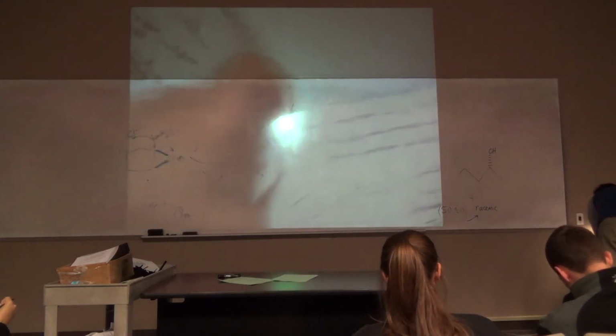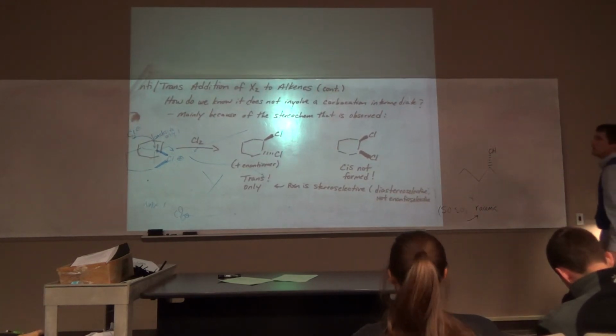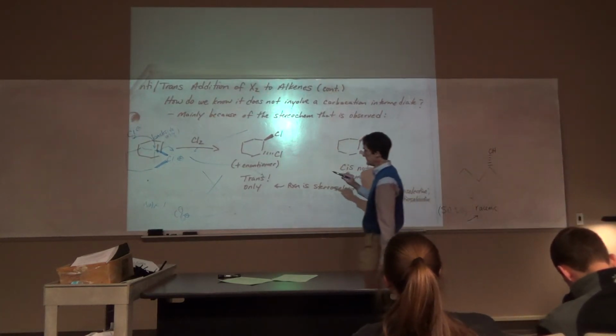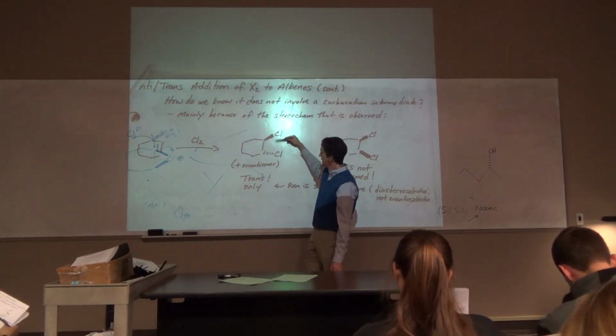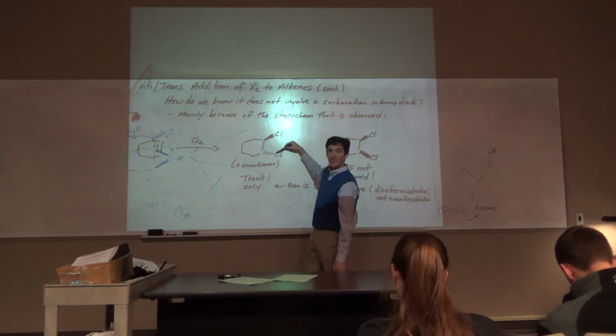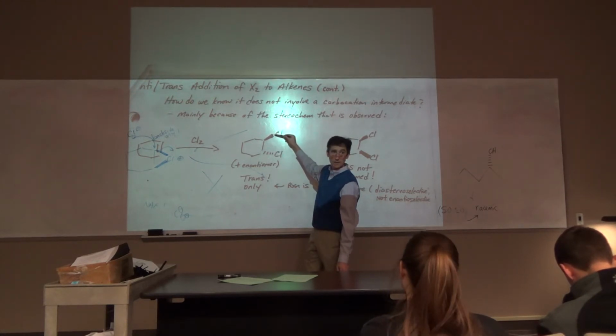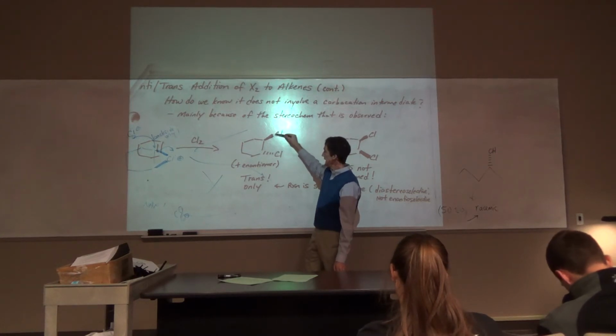Terminology here, very top. Since this is the product, we know that the chlorines have added, in terms of stereochemistry, anti, which is the same as opposite. Anti-addition of chlorine across the pi bond.